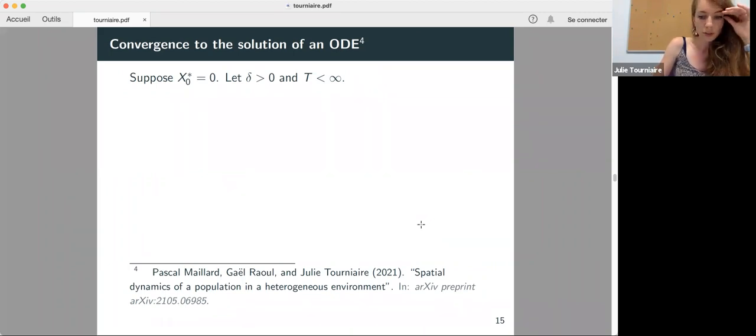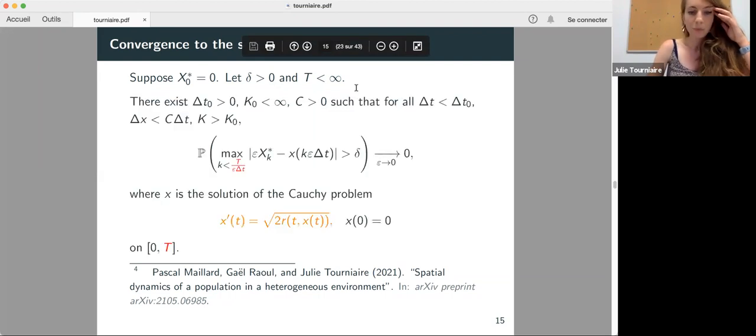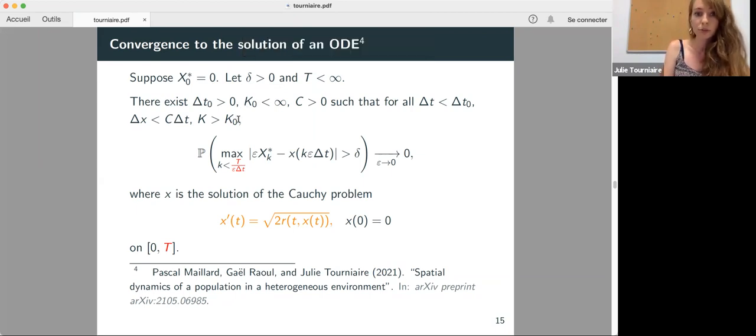If we assume that the system starts with its rightmost particle at 0, and if we consider a time capital T, we get that if the time and space steps are small enough, and if the local density is large enough but fixed, then the rescaled position of the rightmost particle converges to a solution of an ODE that is given by x prime equals square root of 2r of x.